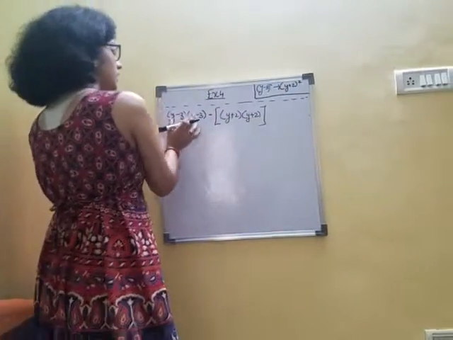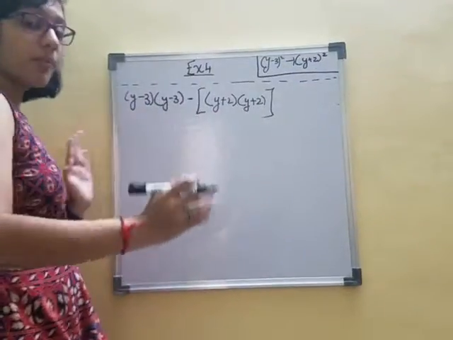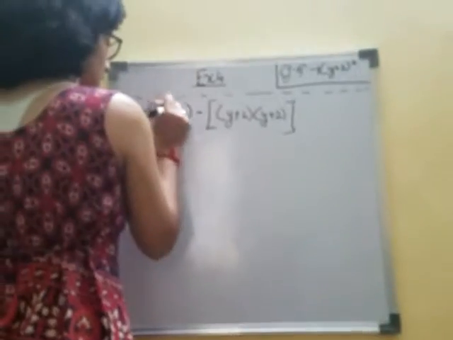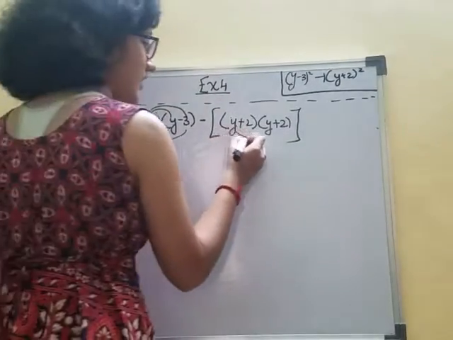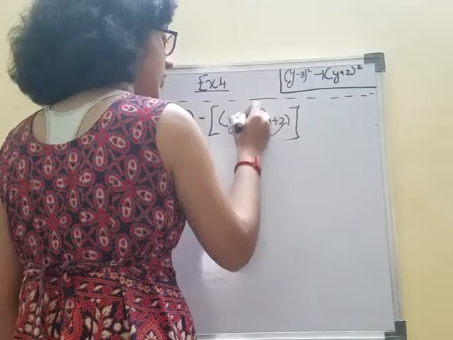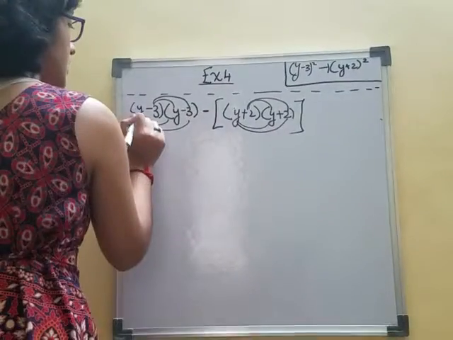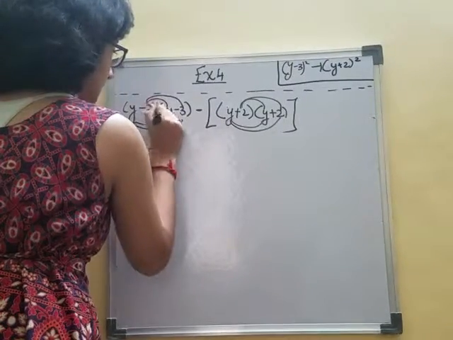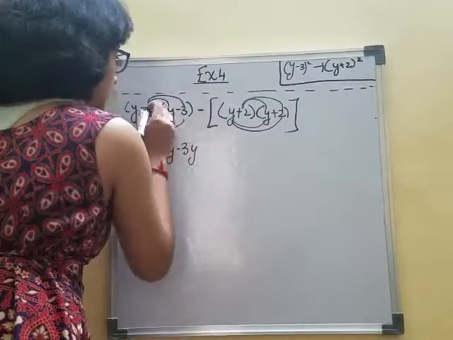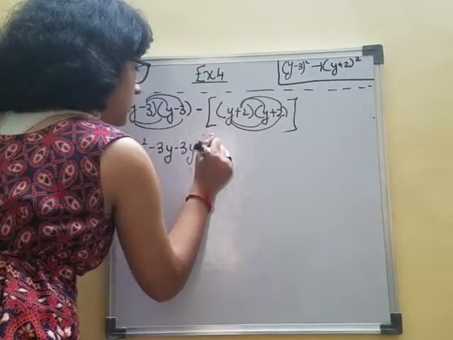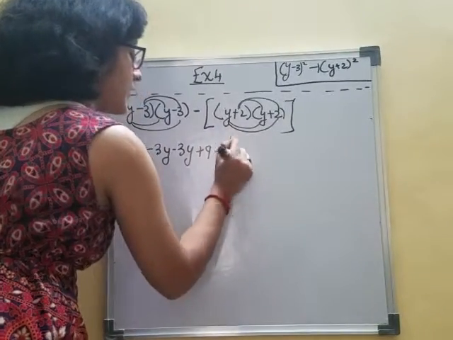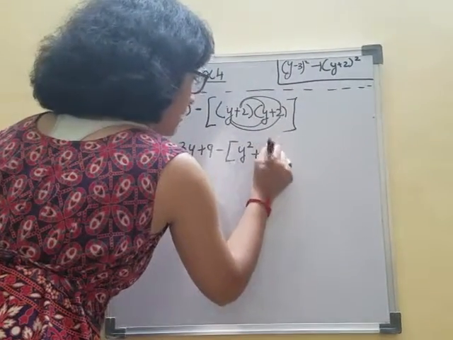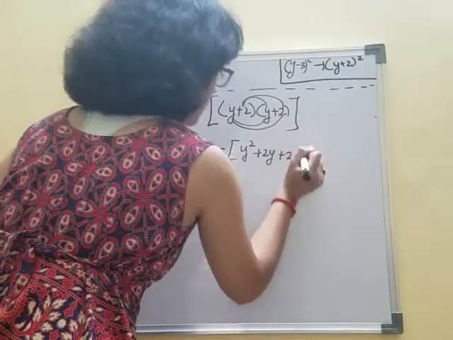So first I am going to expand these two terms simultaneously. I always draw these lines to help me navigate where I'm going to go next with these two numbers, or else it's very confusing. So this is y squared minus 3y minus 3y again plus 9, and then minus y squared plus 2y again plus 4.